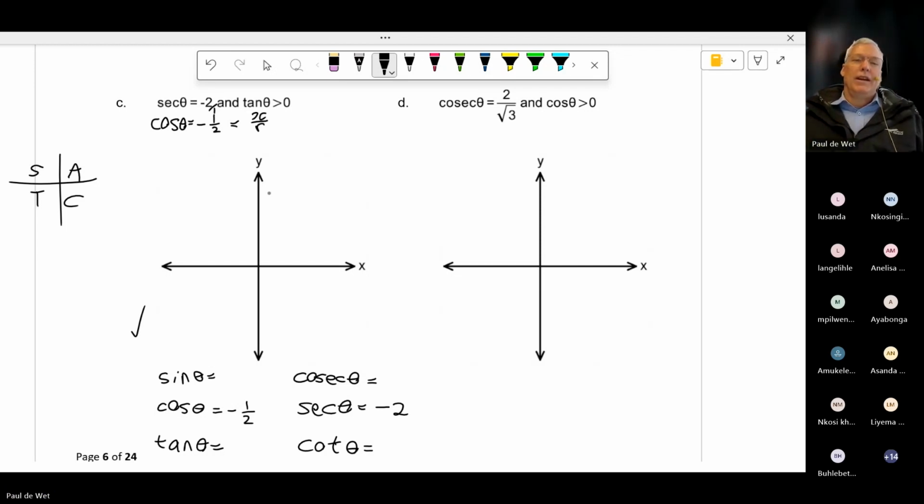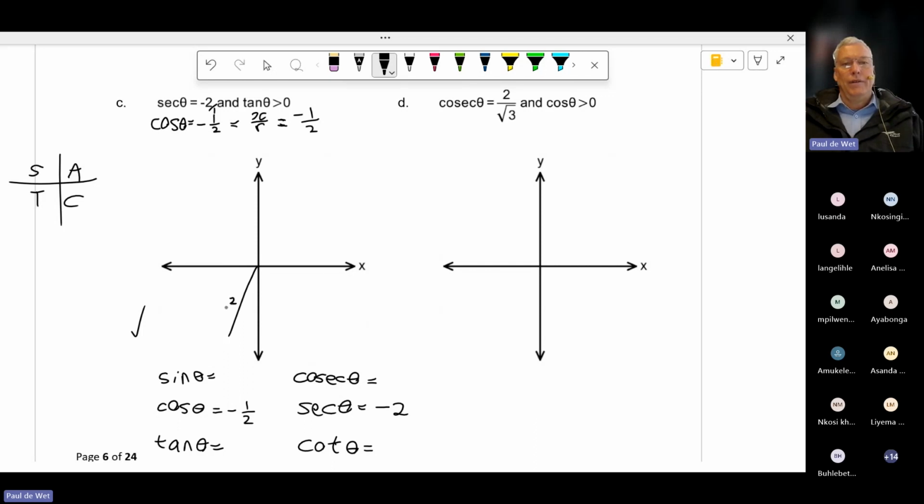Is the r positive or negative? Guys, r is always positive. So it's actually -1 over 2. 2 is quite long, so it's like there. Just try and draw that straighter.